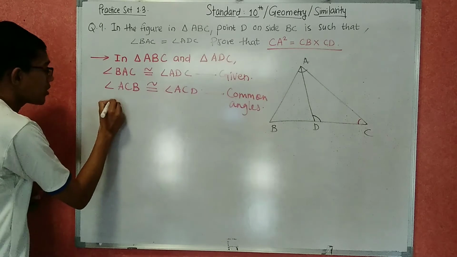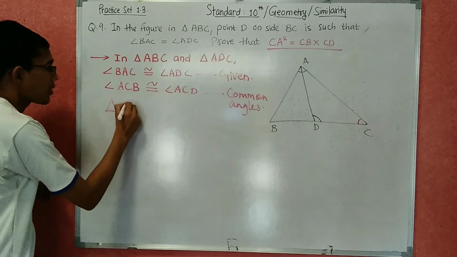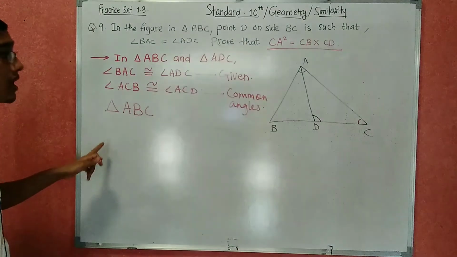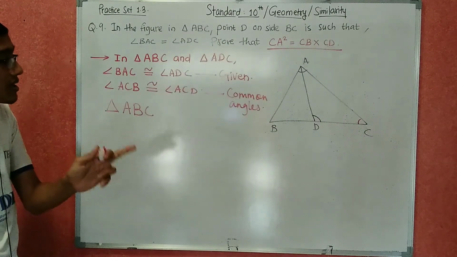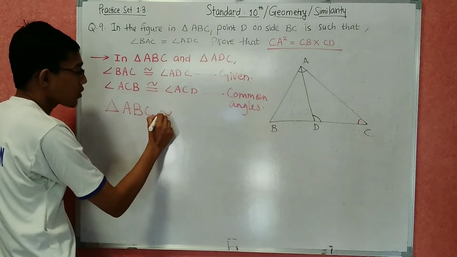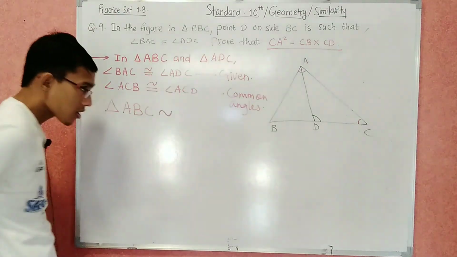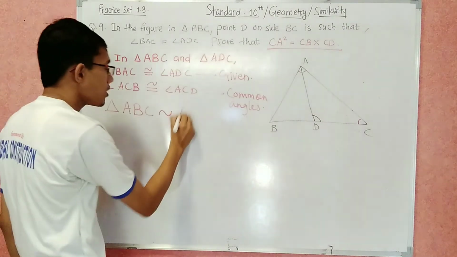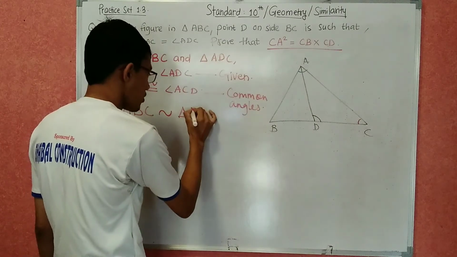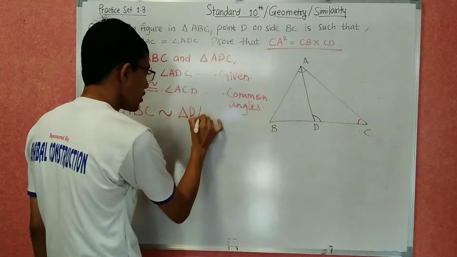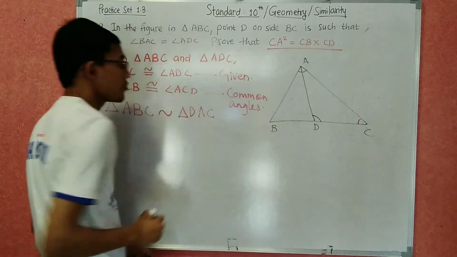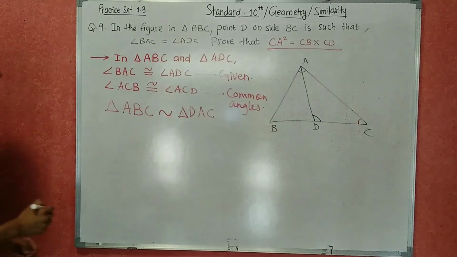we can write that triangle ABC is similar, sorry, not congruent, it is similar to triangle DAC.